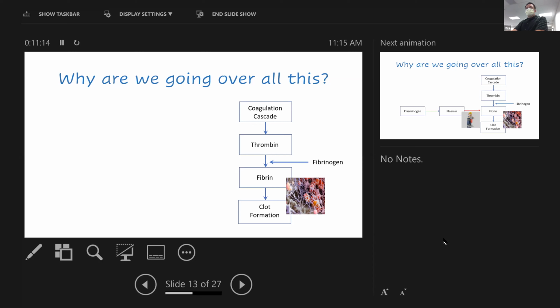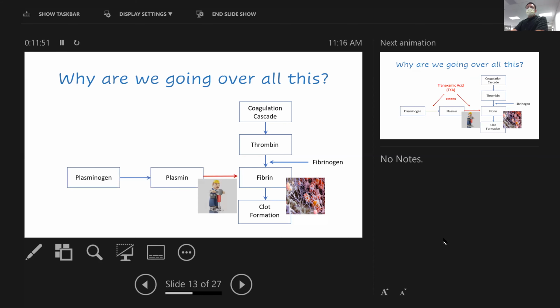You have the coagulation cascade that ends up forming thrombin, and thrombin can combine with fibrinogen to form the fibrin that is important in development of that scaffolding to start to trap red blood cells and platelets and assist with clot formation. So this is sort of the basic tendency that the body wants to perform when faced with trauma.